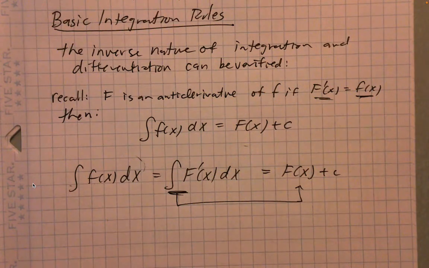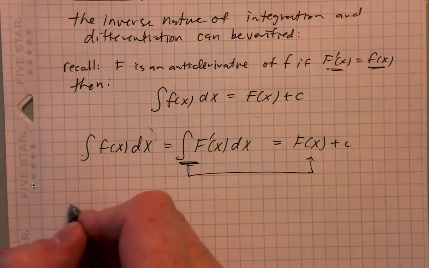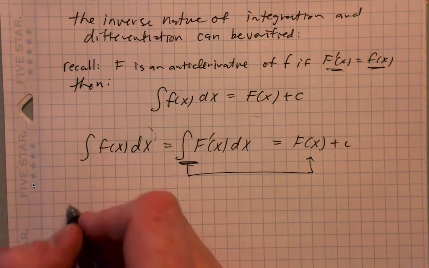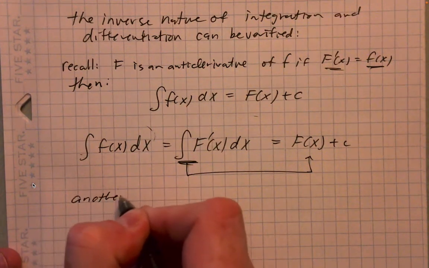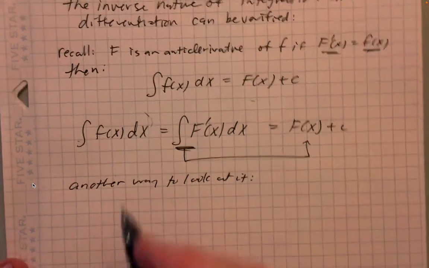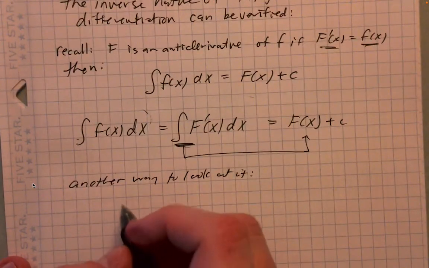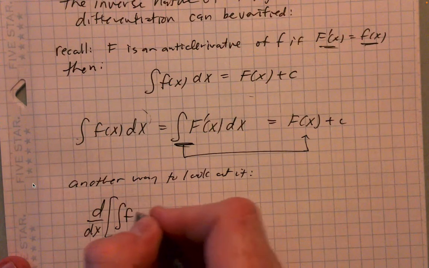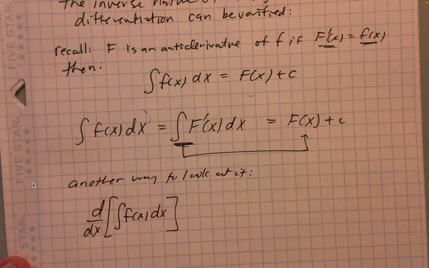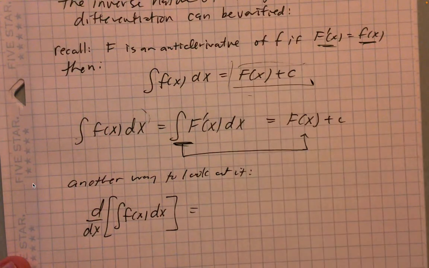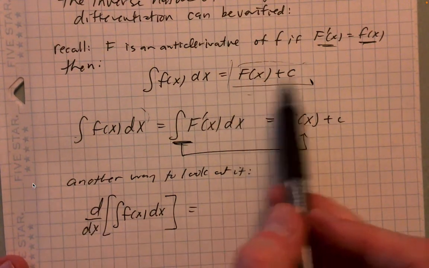Okay, I think a somewhat cleaner way to see it would be to do it in a different way, to take the differentiation outside of the integration. So another way to look at it is the following. So if we start with d/dx of the integral of little f of x dx, and we start like that, then we know that the integral of little f of x dx is going to be some family of antiderivatives, right?